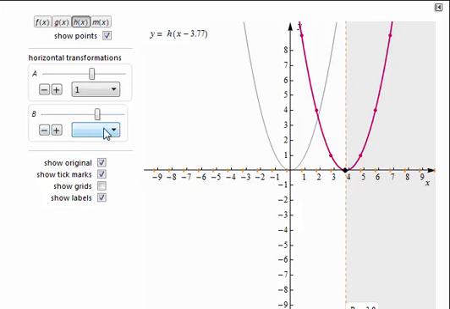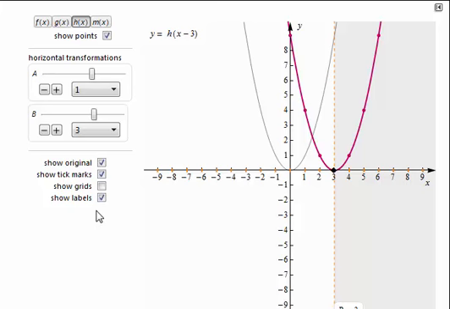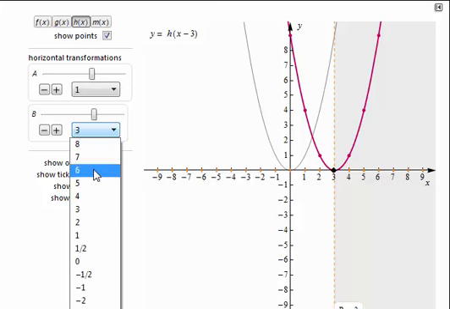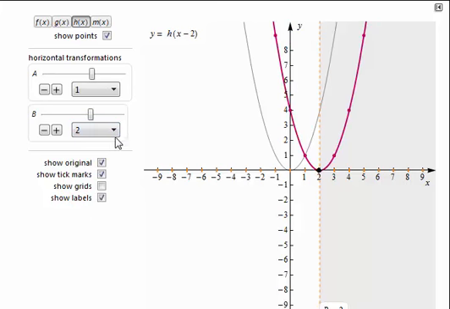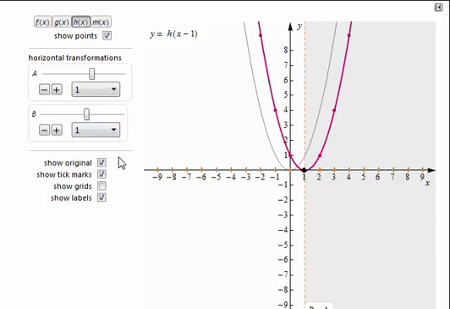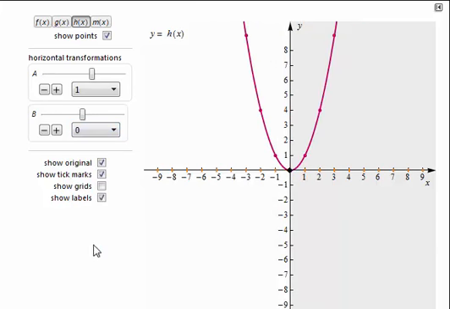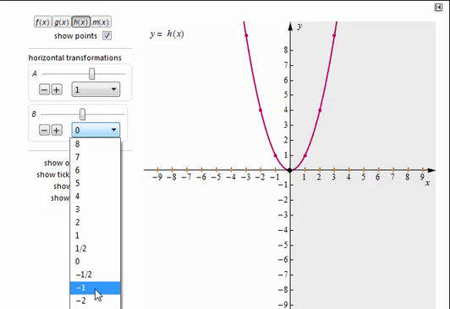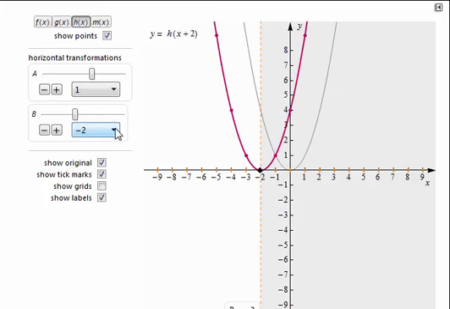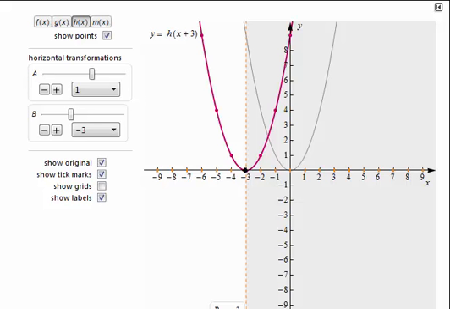All I'm doing is taking the entire graph and sliding it left and right. So those are the horizontal transformations for parameters a and b.